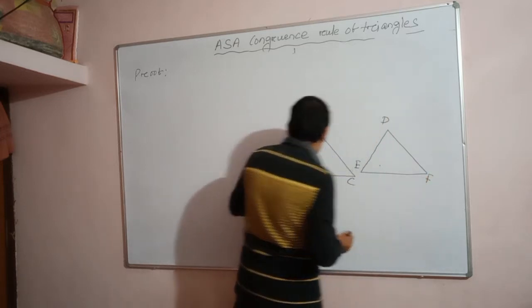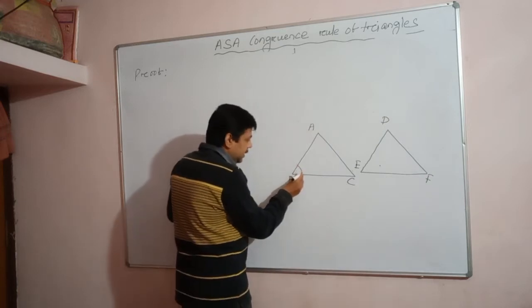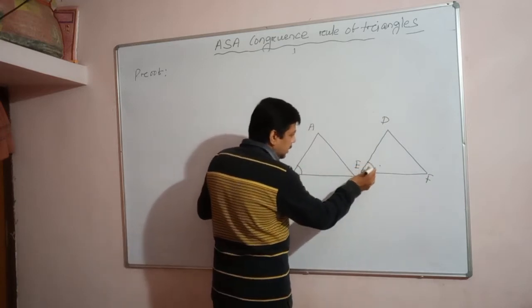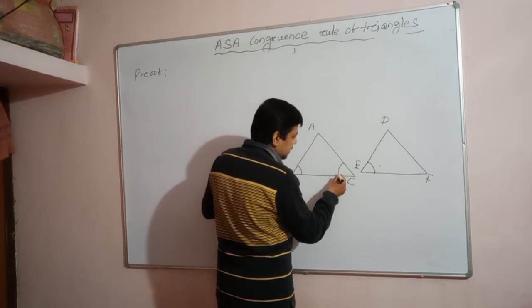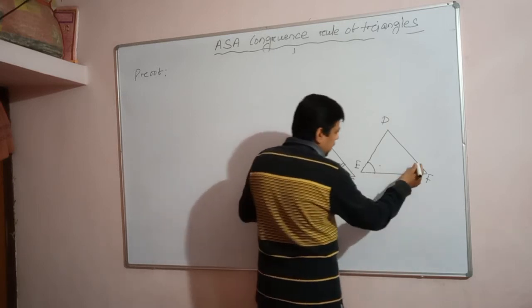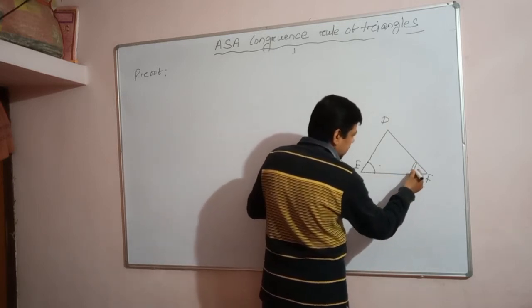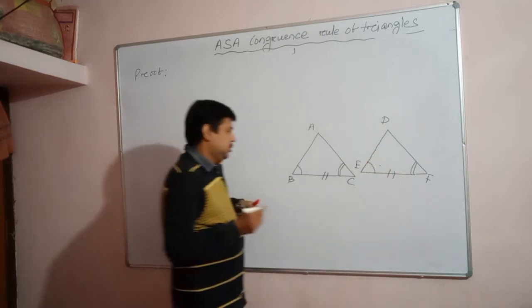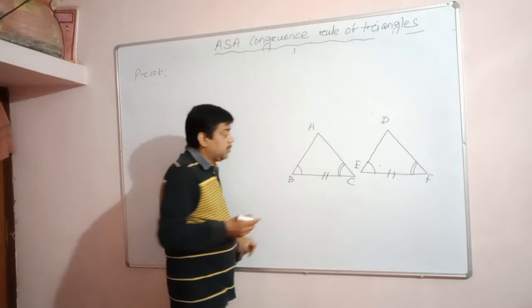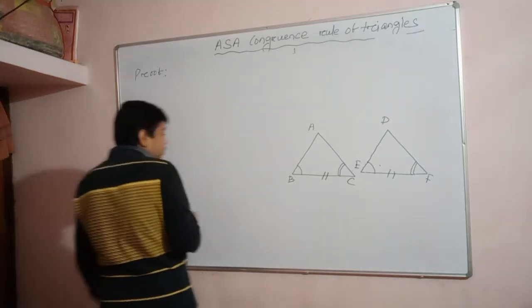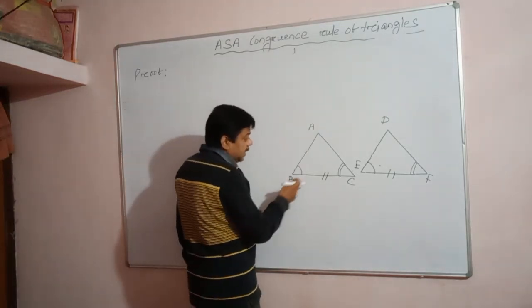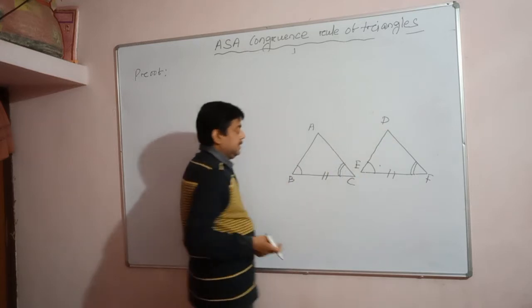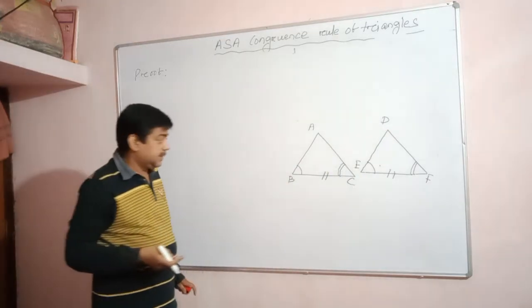Look carefully. It is given that angle B is equal to angle E. And again angle C is equal to which angle? Angle F. And again, given this side equal to this side. If you can prove that side AB is equal to side DE, are you getting my point?